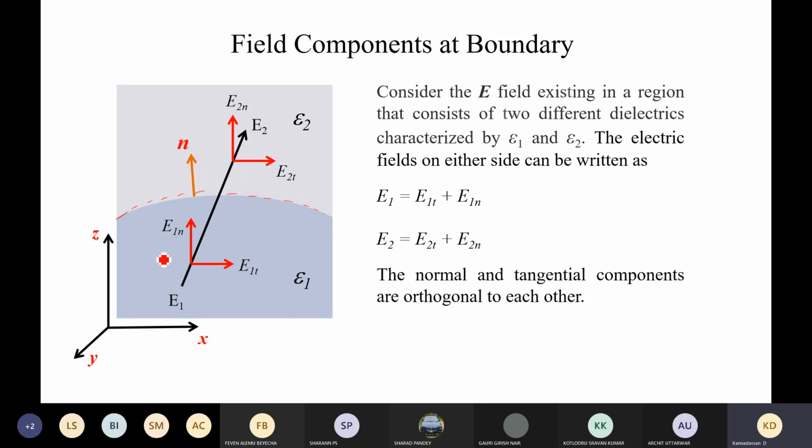One is the normal component, which is parallel to the normal of the surface, at the point of interaction. So this is the interaction point. Just with respect to that, it is normal. And if it happened here, the normal will be in this particular direction.